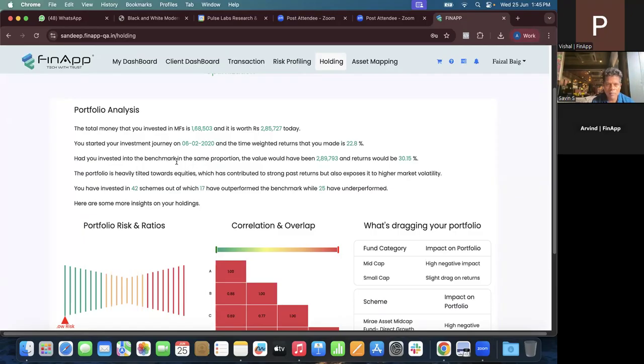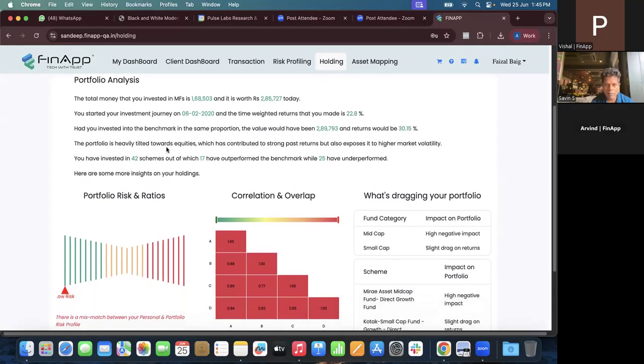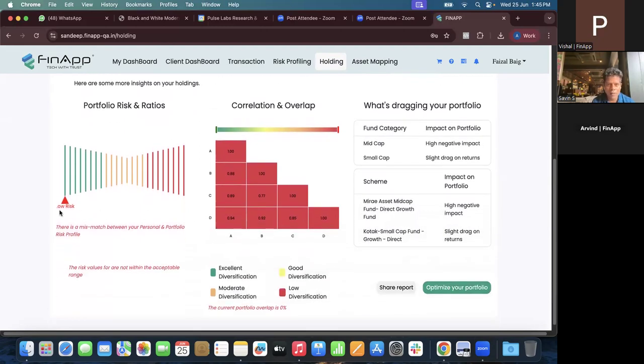Had you invested in the benchmark of the same proportion, then your portfolio would have given 30.15% return, which means your portfolio has underperformed the market. You have 42 schemes in your portfolio, 17 have outperformed, but 25 have underperformed. There is a mismatch between your personal and portfolio risk profile.